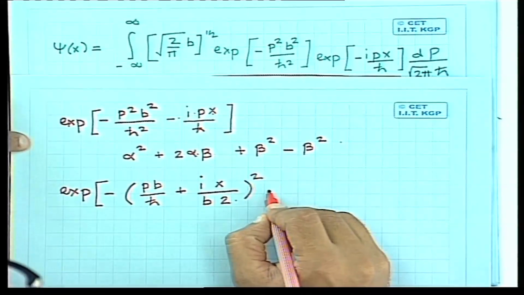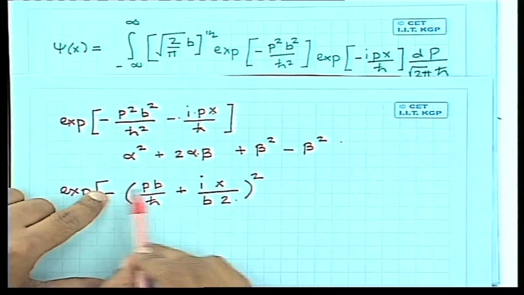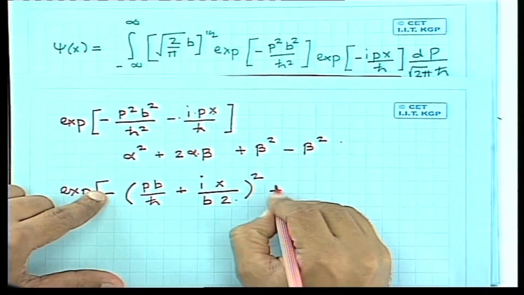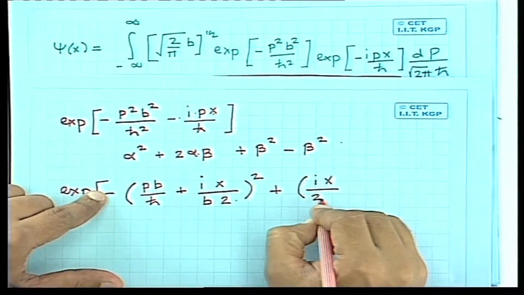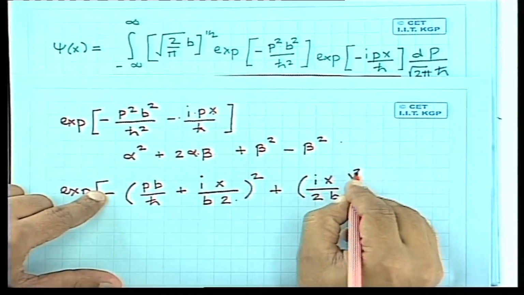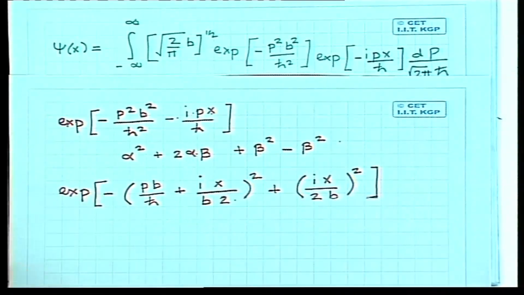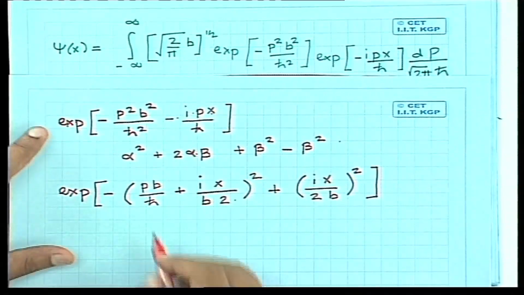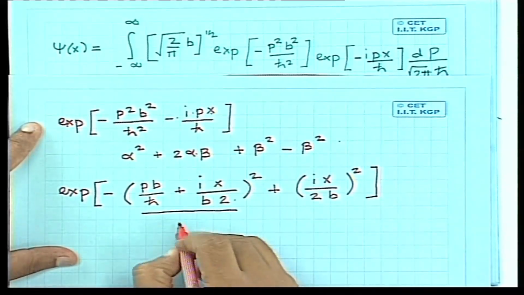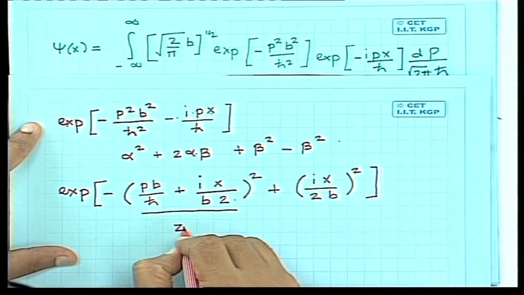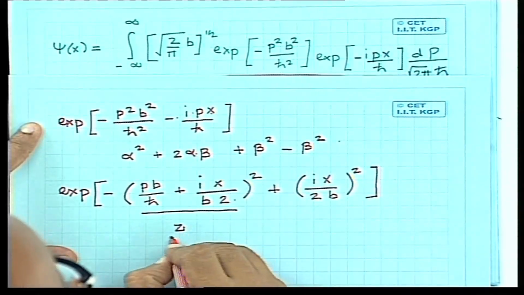There is already a minus sign here, so we have to basically add ix by 2b squared. Now let us define this whole thing over here to be some z.